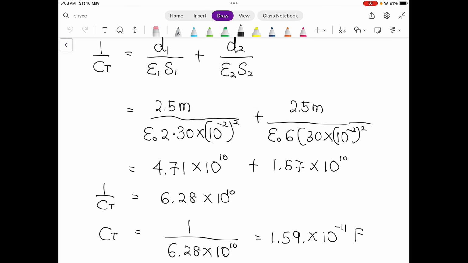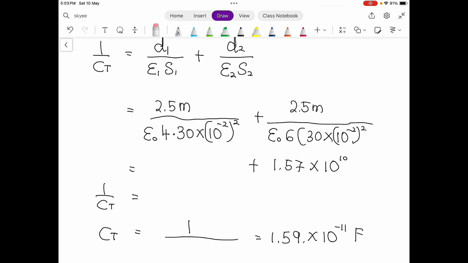Sorry class, there is something wrong with the number here. It should be 4 instead of 2, so I will correct it. So this is 4, and we have to calculate again. What will be the value? Let me calculate.